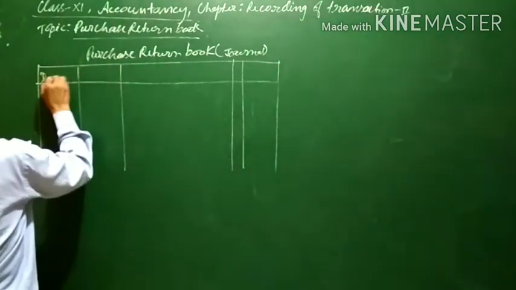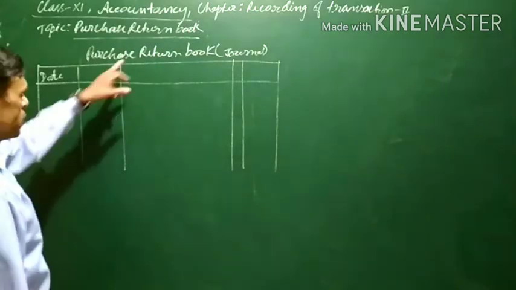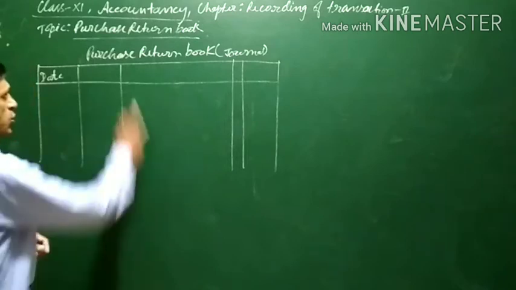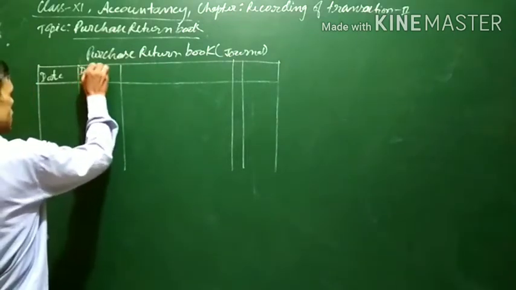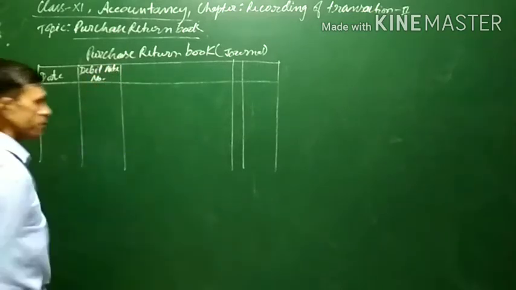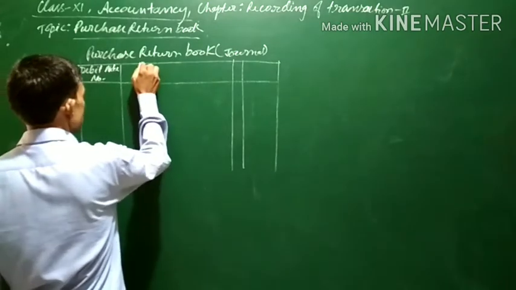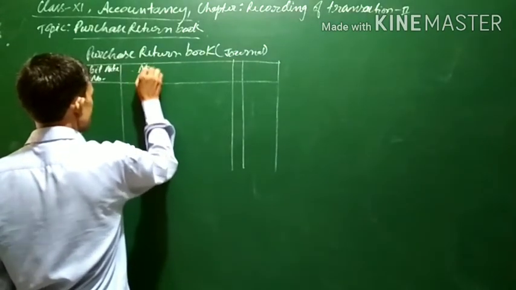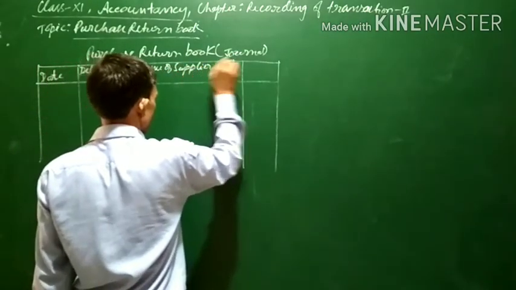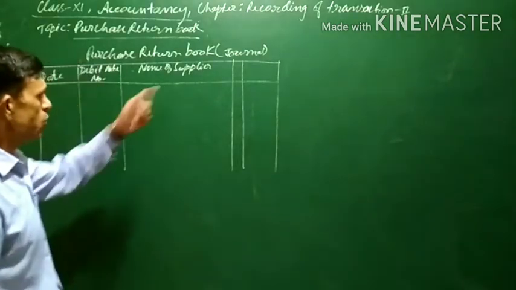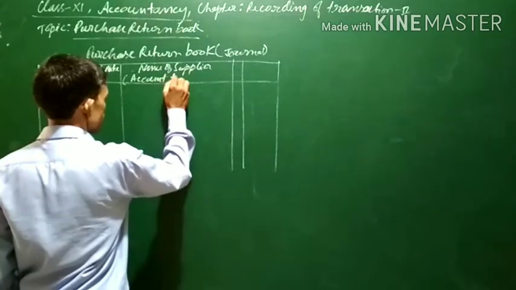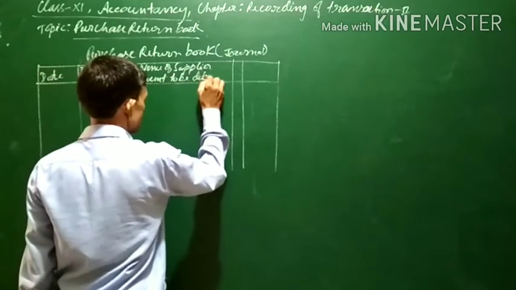First column is date. Next, just like purchase book, the next column is of the voucher number. But in case of purchase return book, it is debit note number. Here, the name of the supplier, the person who has supplied the goods, is written, or you can also write account to be debited.